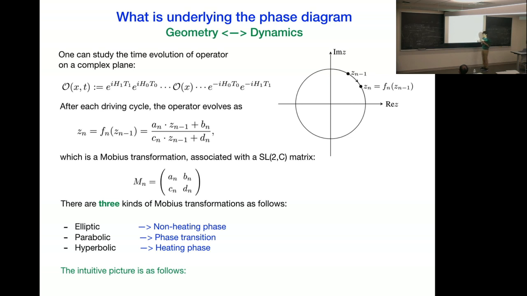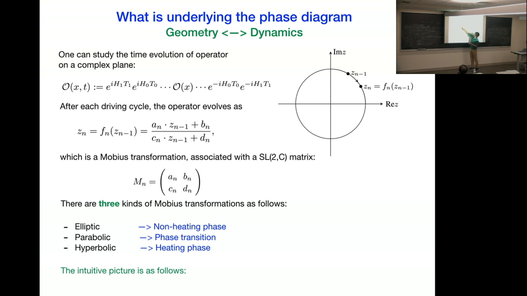We find that with SL2 driving, this operator will move on a circle with a function we call f. f acts on the point here and it will move along the circle. This transformation is very simple. It is called a Möbius transformation.